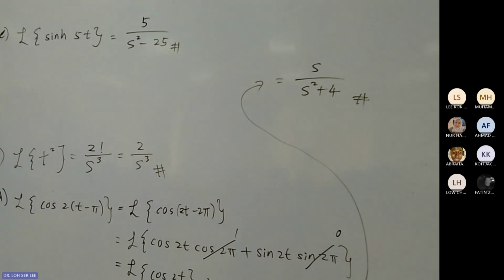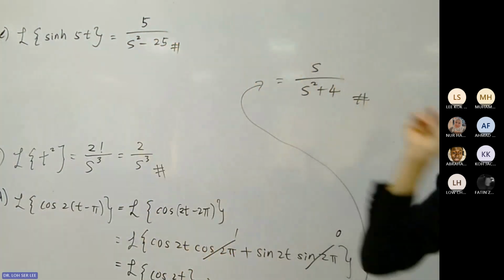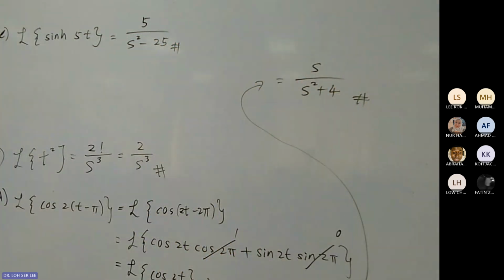For this Laplace transform, make sure your 5 looks like 5 and your s looks like s. Do not confuse yourself and me, because students did make this kind of mistake: 2s and 25, or 25 and 2s.